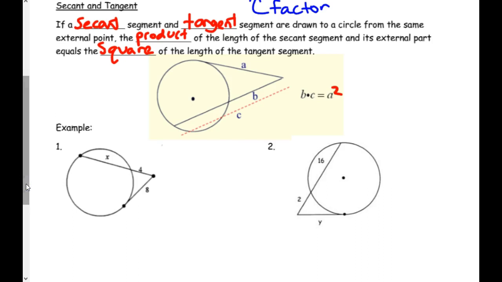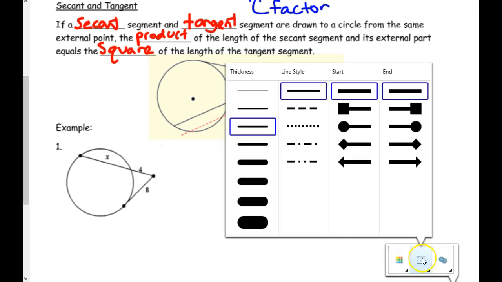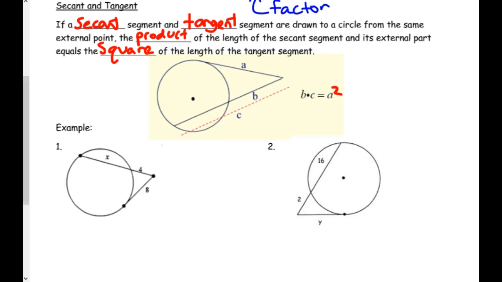So, let's do that. Again, this is a unique situation. One of these is secant, one of these is tangent. One is in and out, one is only out. So that's when you use this rule, when it looks like this. So let's start with the secant. What's on the outside of the secant? We got 4, right?